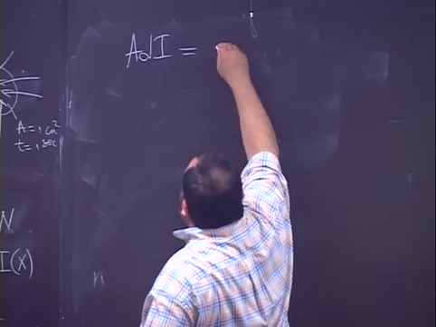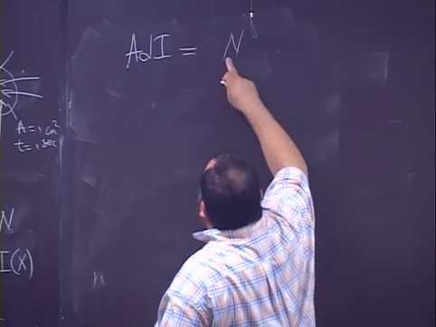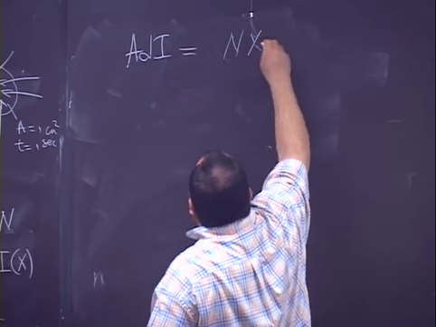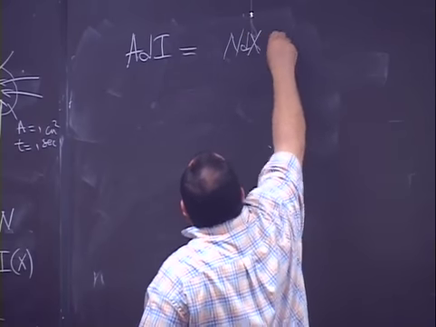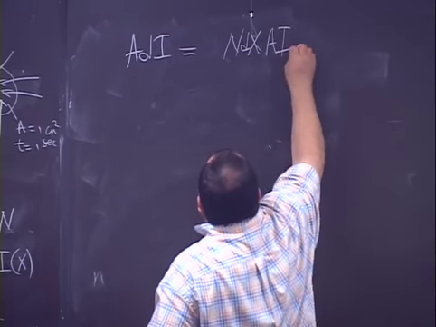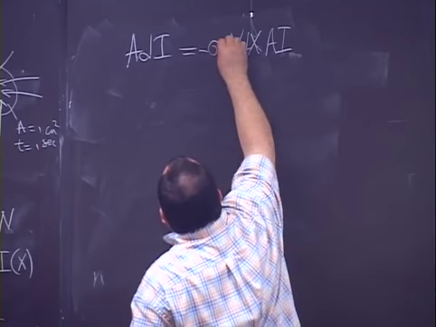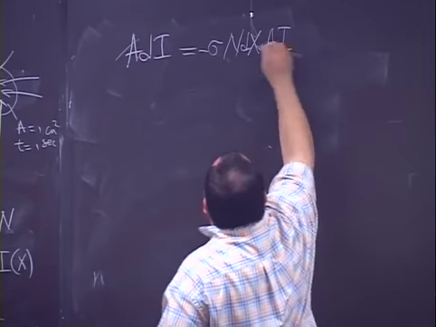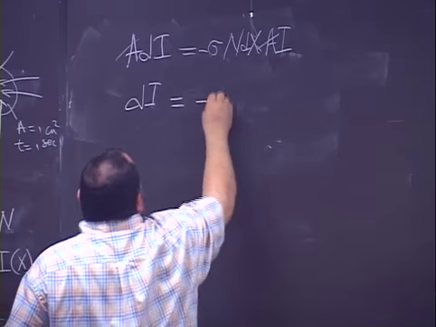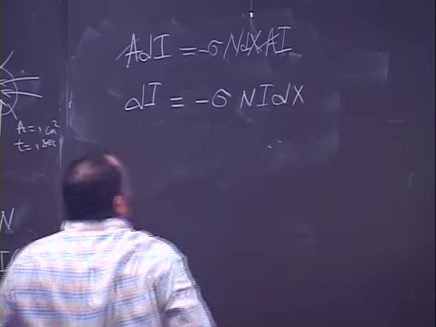And this is just proportional to the total number of neutrons inside the target, multiplied by the volume of the target, which is delta x, multiplied by the area. And it's proportional also to the intensity, and this is negative sigma. So A will go with A, and you will end up with dI equal to negative sigma N I dx.